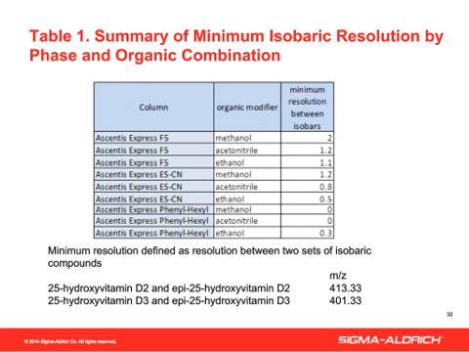The only combination that was really sufficient was using the fluorinated phase with a methanolic mobile phase modifier. Even with acetonitrile, we were able to get some resolution, but it still wasn't sufficient. It was only with the methanolic conditions that we found sufficient resolution to do positive identification of the vitamin D metabolites.